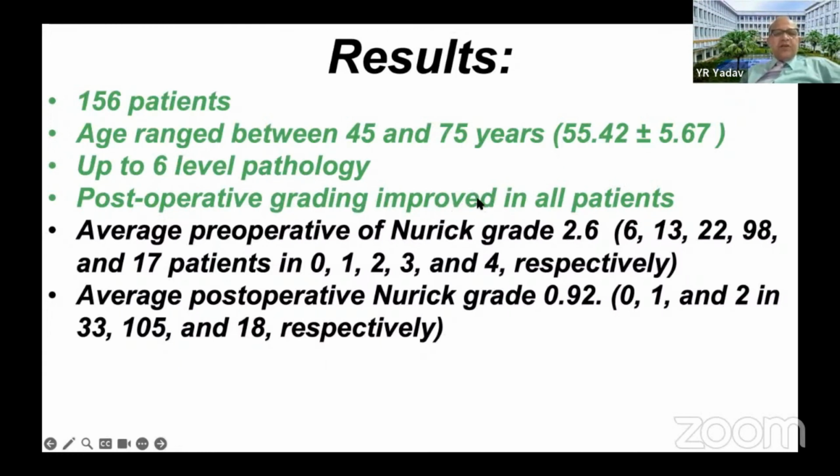The average preoperative neuric grading was 2.6. It varied from 0 to 4, but the average postoperative neuric grading improved, and all patients improved in their neuric grading from, I think, 1 to 2.